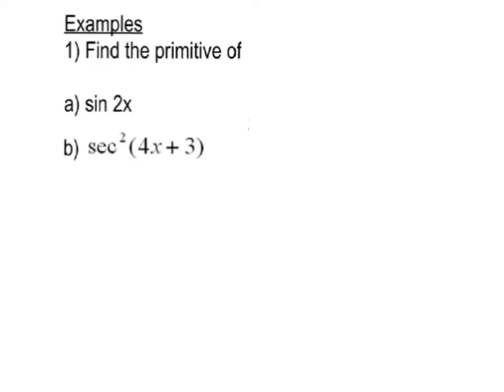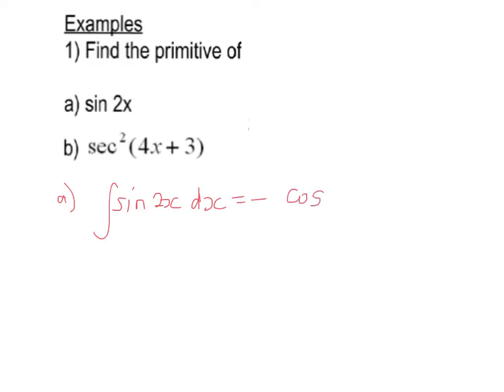Find the primitive of, so that means integrate, sine of 2x. Alright, so the integral of sine 2x with respect to x, we can write it like this: integral sine 2x dx. Remember sine integrates negative, so it's going to be negative, and the integral of sine is cos.